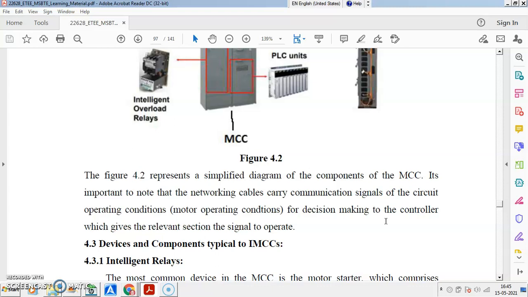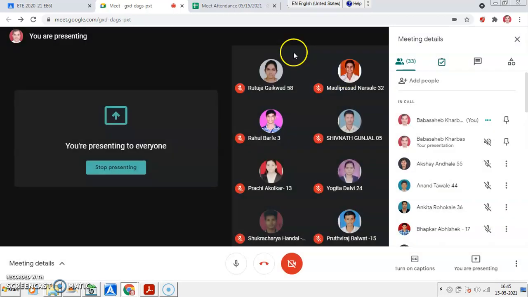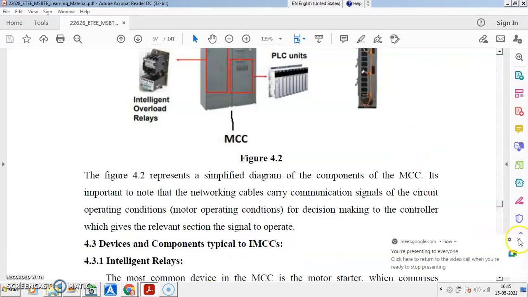So this particular figure is showing you the intelligent motor control, how it is. Simplified diagram of motor control units. It is important especially for you to note that networking cables are provided for signal monitoring, provided for signal transmission.